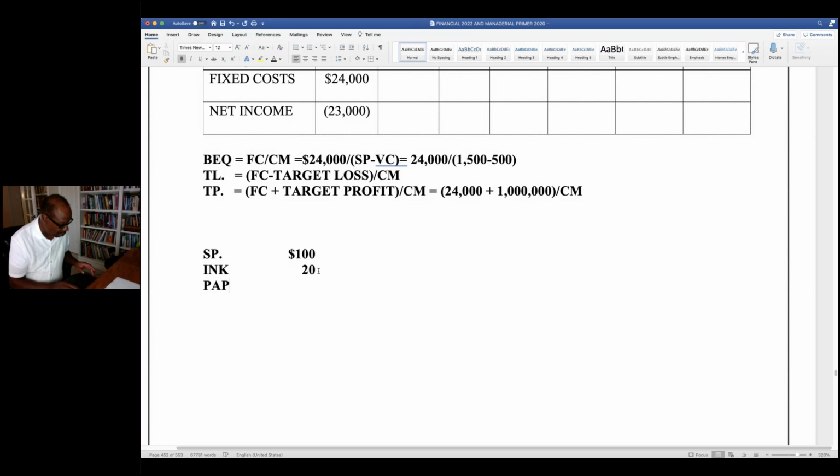Paper is $5. Labor rate, let's assume we pay them $50 an hour.